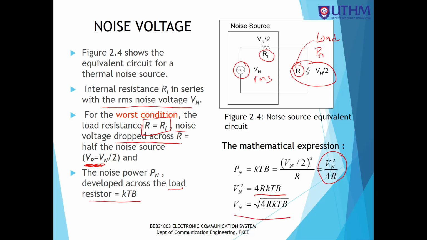Vn is equal to the square root of 4RKTB. So this is the noise voltage formula.